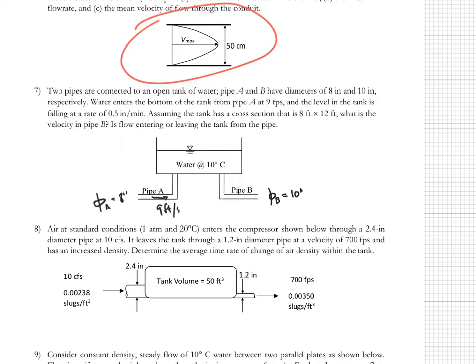And the level in the tank is falling at a rate of 0.5 inches per minute. Oh, those are horrible units. So we're going to want to convert that right off the bat. In fact, let's do that right now. 12 inches to 1 foot times, let's see, minutes, 60 minutes to 1 hour. Not hour. We don't want that, we want seconds.